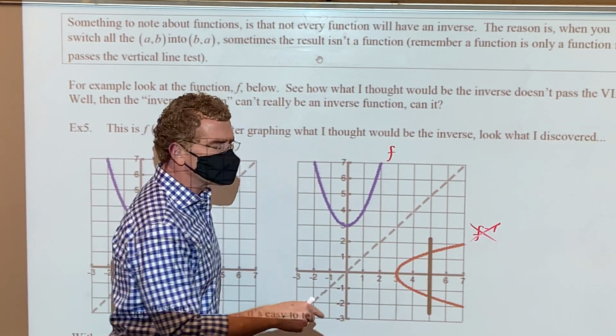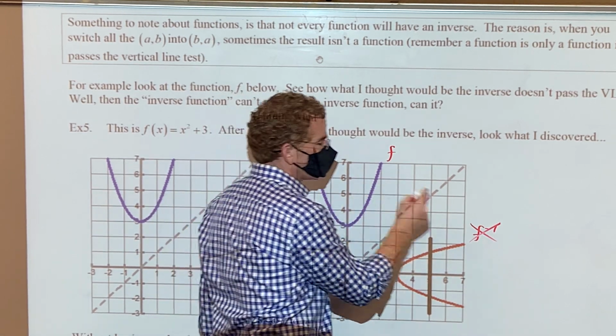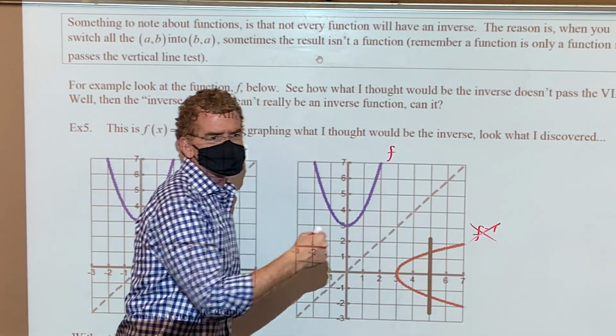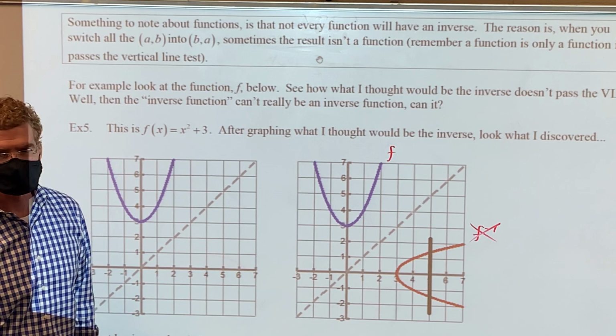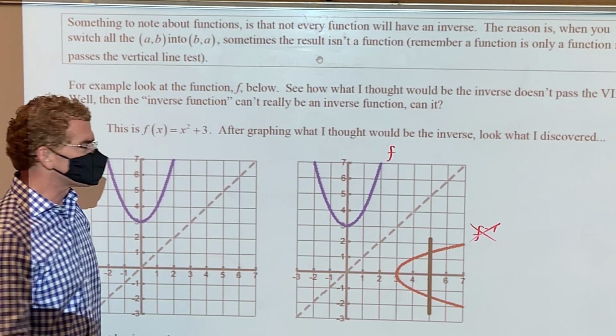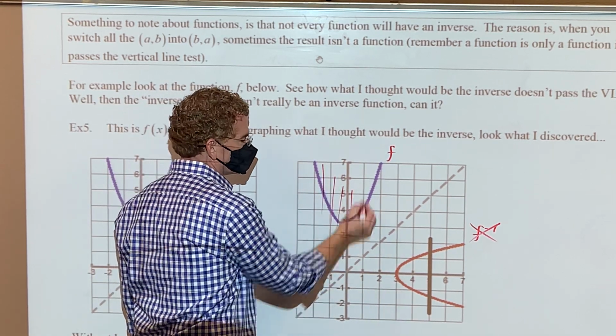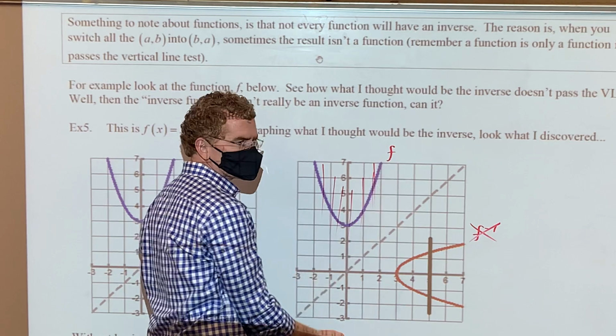Is there any way that I could have looked at this and determined whether it had an inverse function before I actually sketched it? Do a horizontal line. It's called the horizontal line test. So the vertical line test, yes, this was a function. That's what the vertical line test checks.